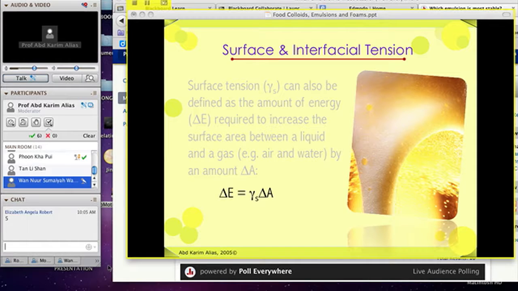I don't get any answer. The question is, what form of energy do you apply, and how do you apply the energy? If you don't know, just say you don't know.